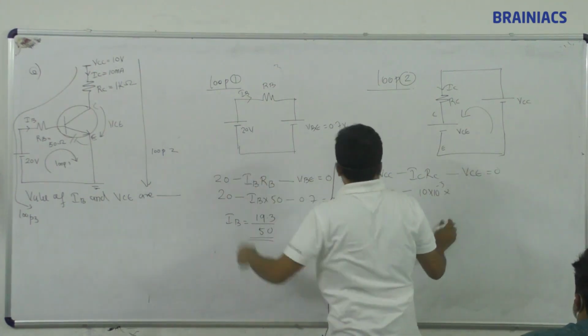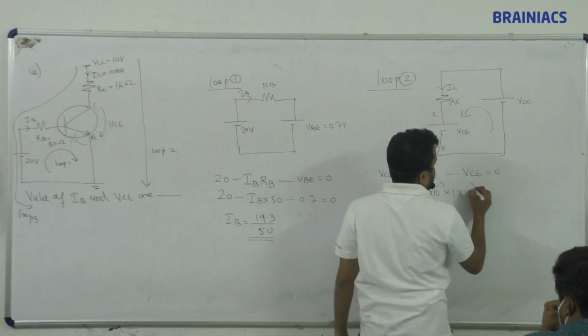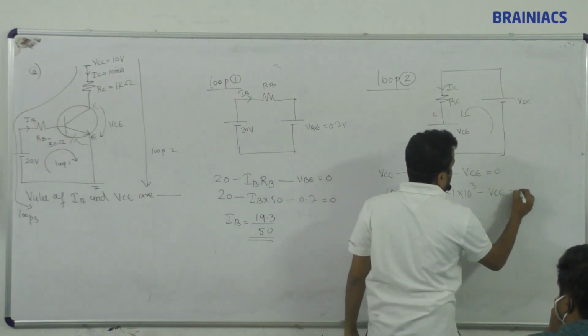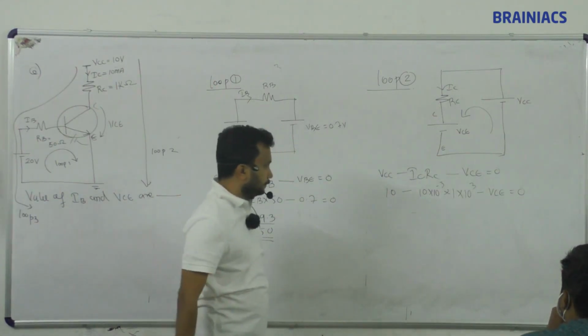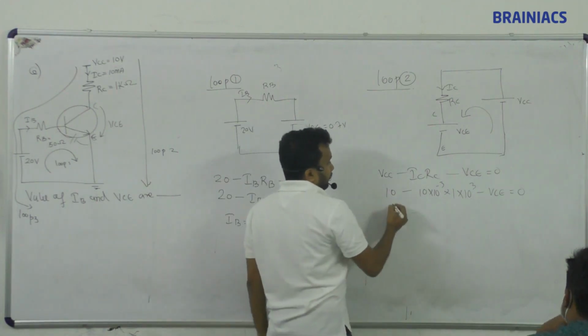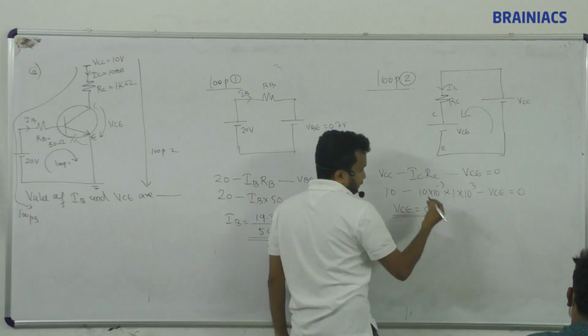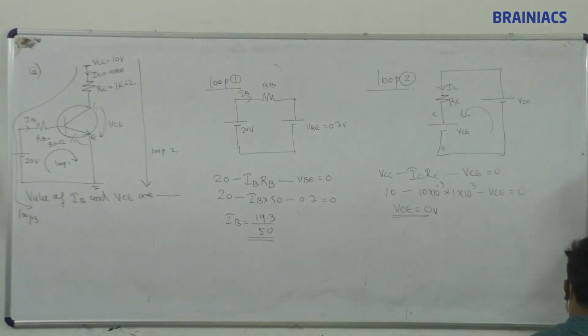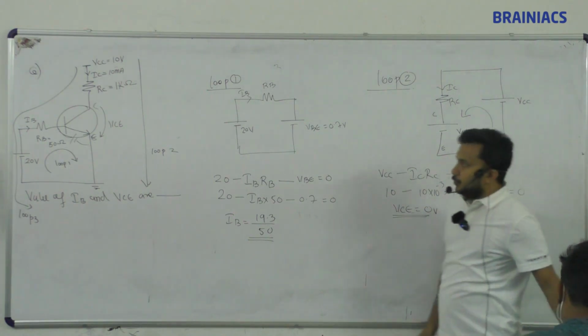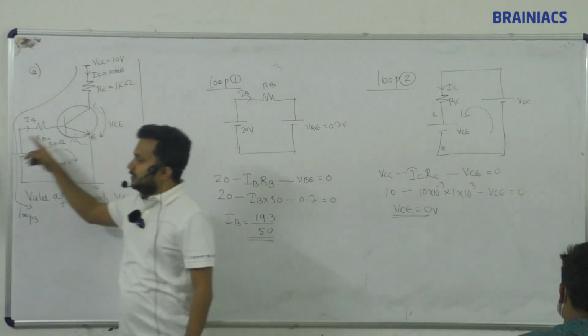RC is given as 1 kilo ohm, so 1 into 10 power 3. So 10 minus VCE equal to 0, so VCE equal to 0 volt. So only 2 loops are enough, right? The third loop is not required.